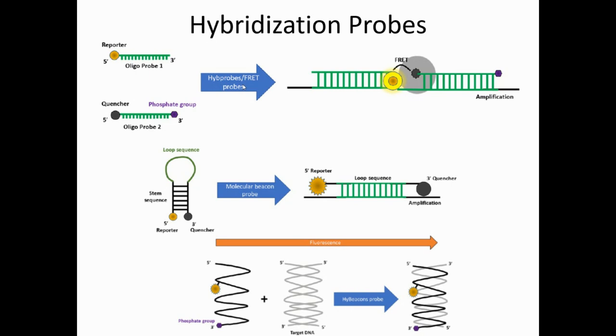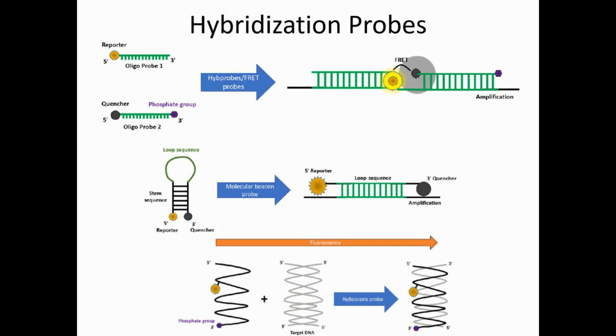One probe carries a reporter at the 3' end, and the other probe contains the quencher at the 5' end, and also a phosphate group attached to the 3' end.